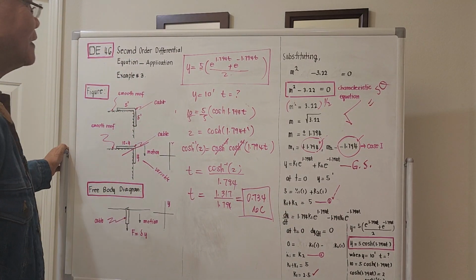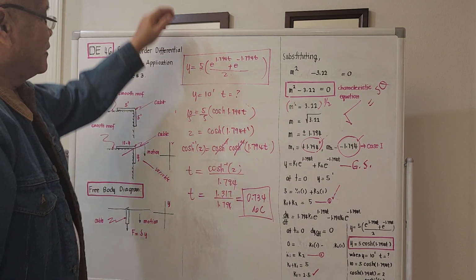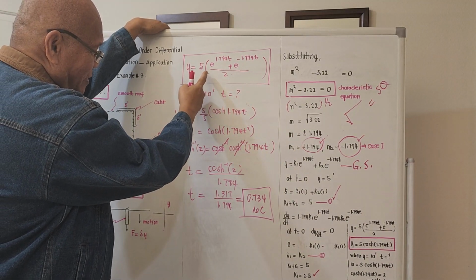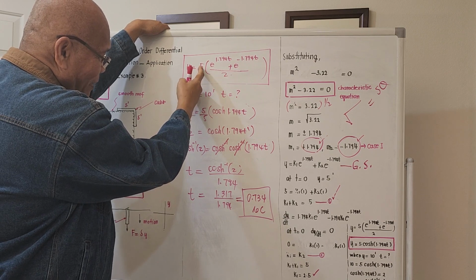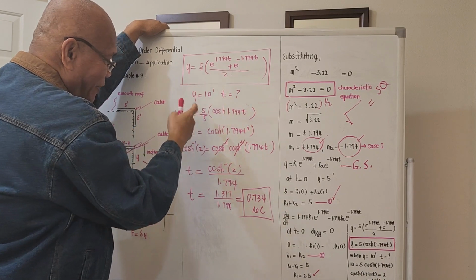You got it? You know how this was simplified? Because after the substitution of the value of K1 and K2, we place y equal to, this is actually 2.5. I make this 5, then I put 2 here because 5 over 2 is 2.5, right?